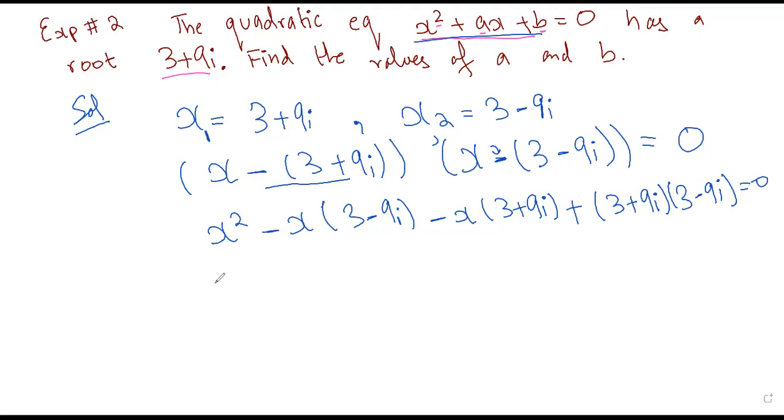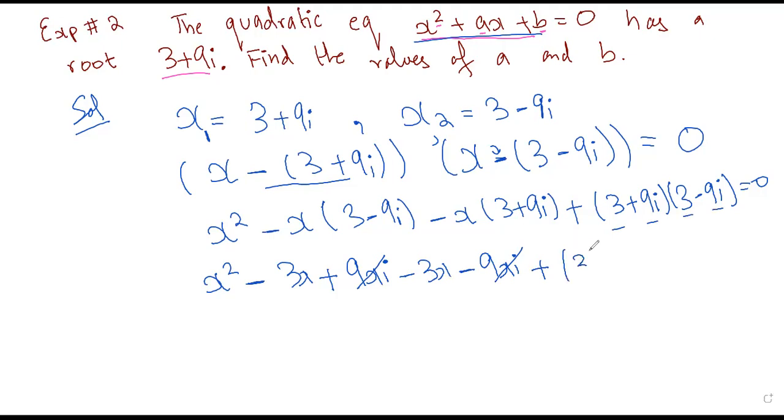So it would be x square minus 3x plus 9x iota minus 3x minus 9x iota. This and this would be cancelled. Then we have plus sign, and then this is a plus p and a minus p, right?